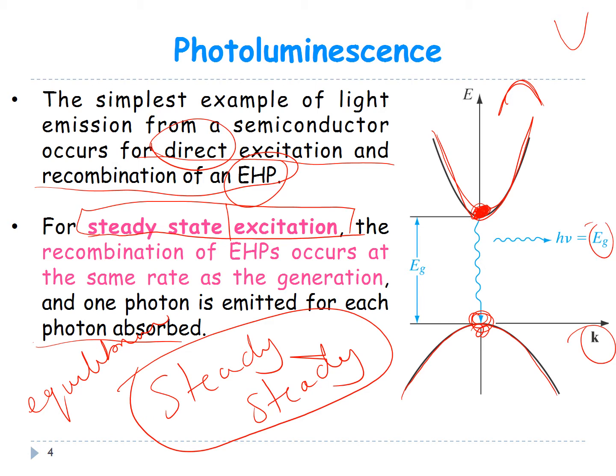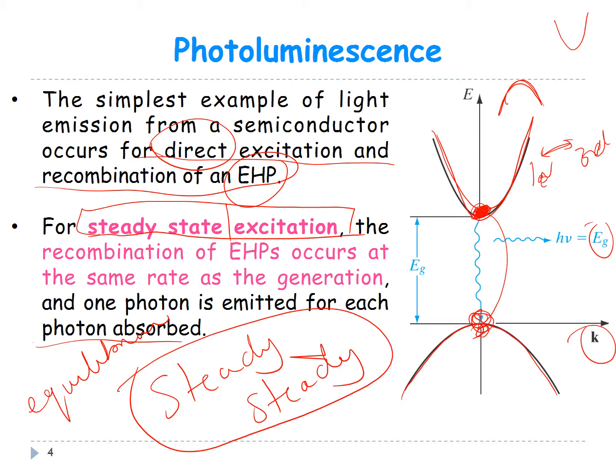Remember, most semiconductors have band gaps between 1 electron volt and 3 electron volts. So this is basically the range of most semiconductors. For you to have visible light emission, you require more or less a band-to-band recombination from conduction band to valence band.